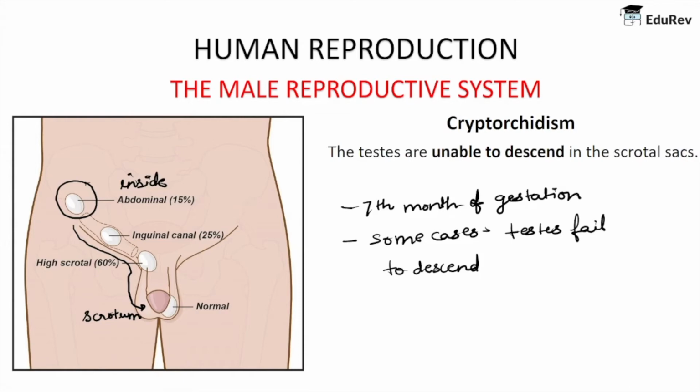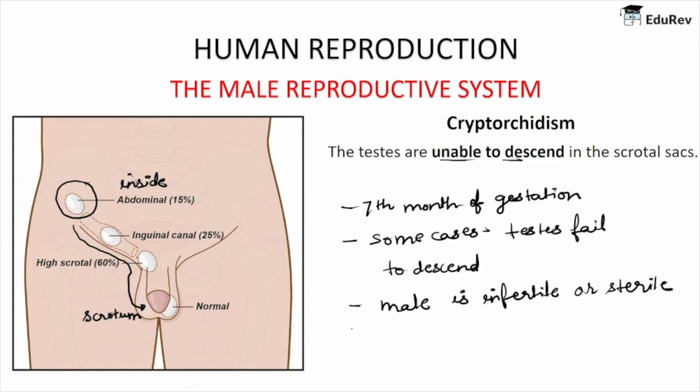In this case, the testes are unable to descend into the scrotal sacs, and that is why the male remains infertile, or sterile.